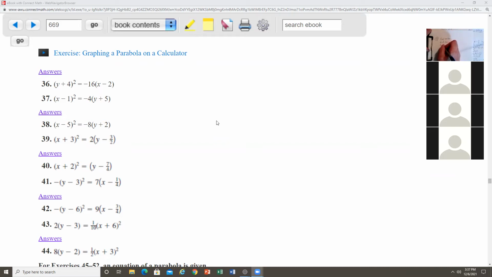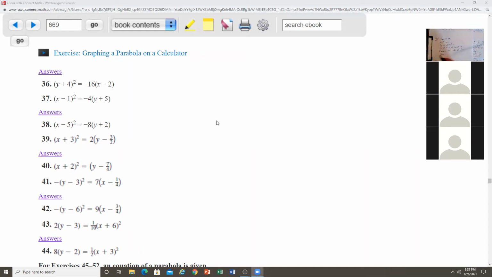I want you to find the equation of the directrix, the equation of the axis of symmetry, endpoints of the latus rectum. And then I would like you to graph the equation, okay?